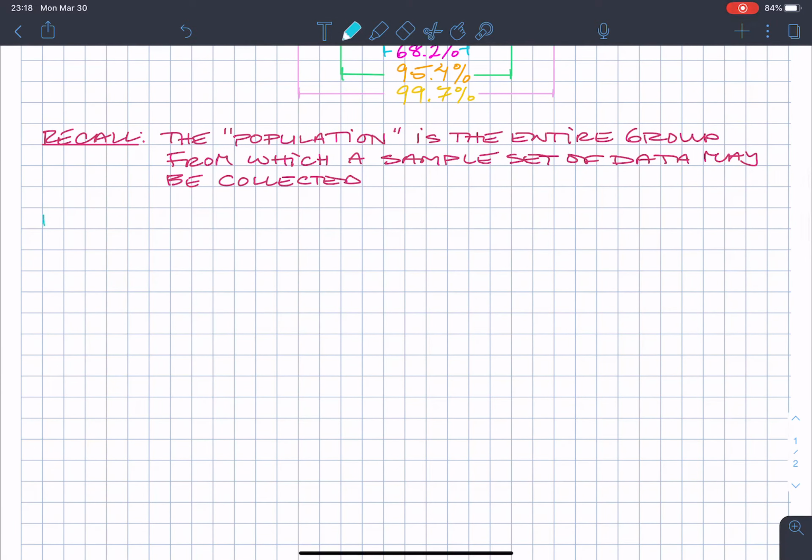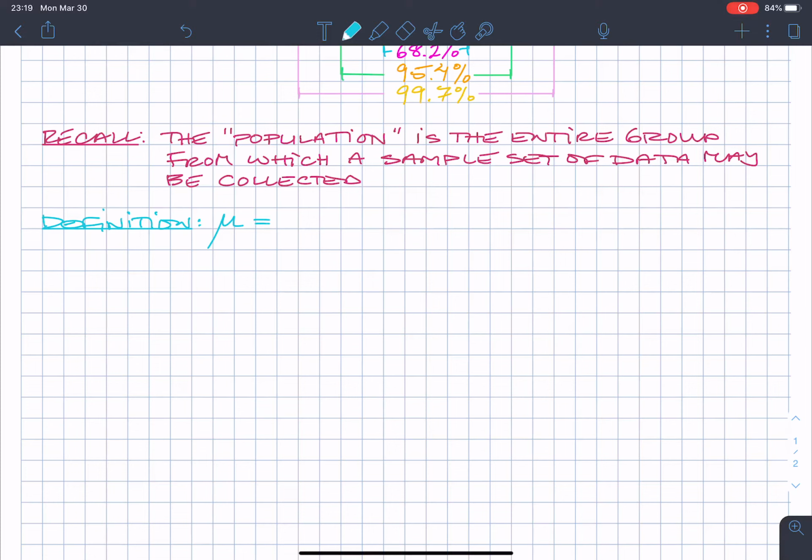So definition. Mu, this is a Greek letter. It looks kind of like an M, and it is. I'll define it below.